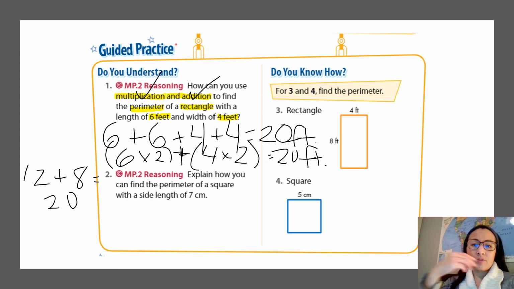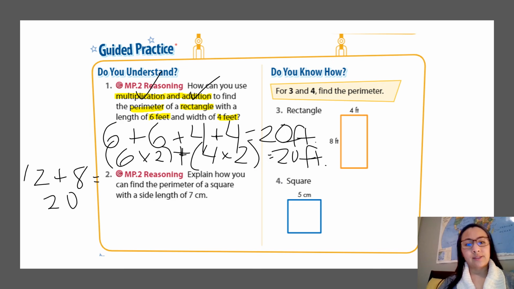First, think about the attributes of a square. Okay, so we might say something like, all the sides of the square are the same length, right? And there are 4 sides on a square.